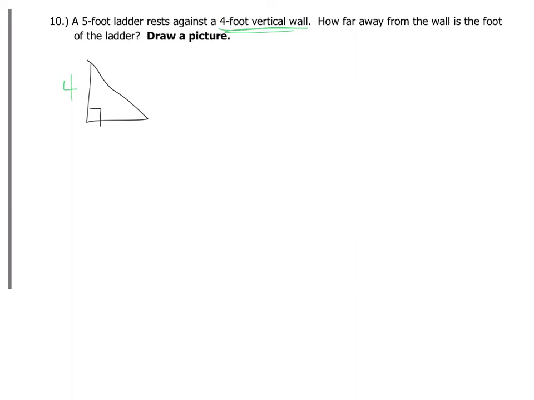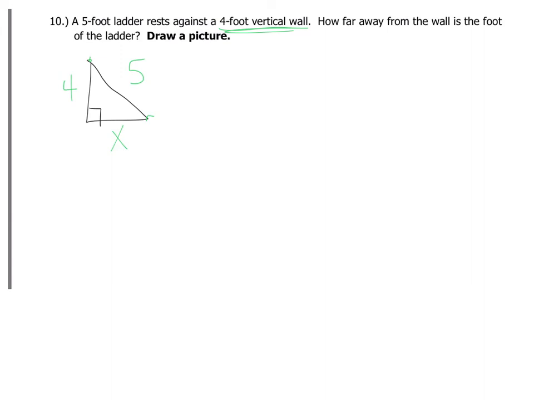And there's a ladder that rests against it, which means it's going to be laying diagonally. We know our ladder is 5 feet long. We don't know how far away from the wall it is on the ground.